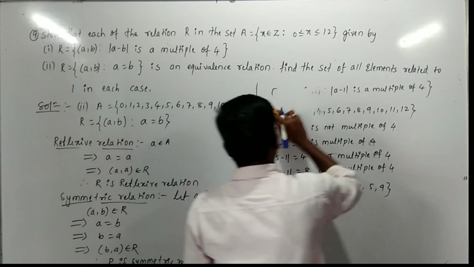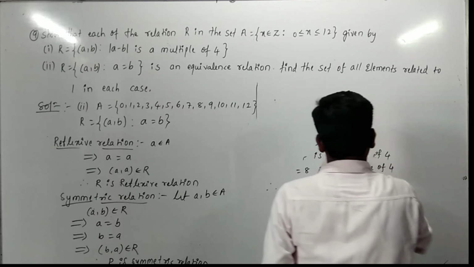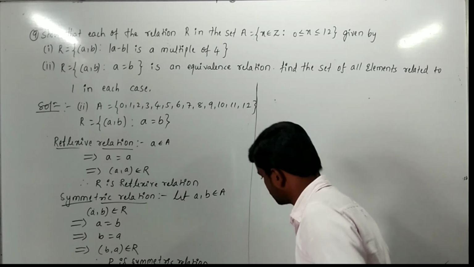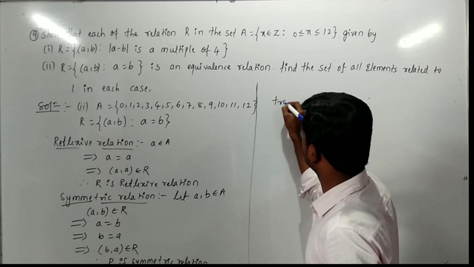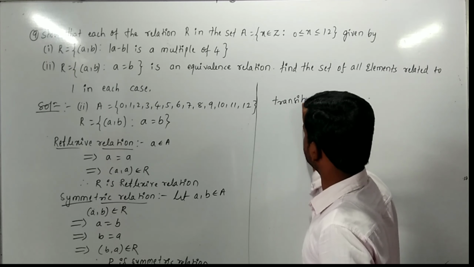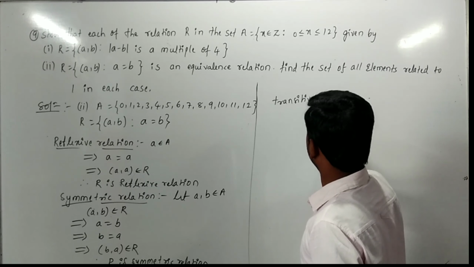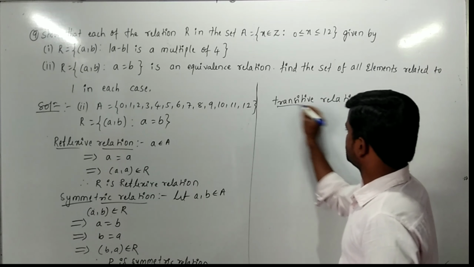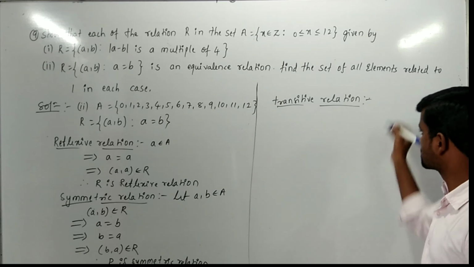Then third, transitive relation. Transitive relation has three elements.